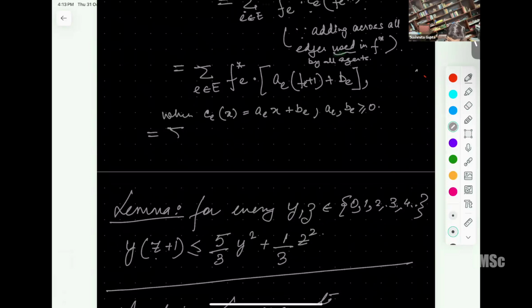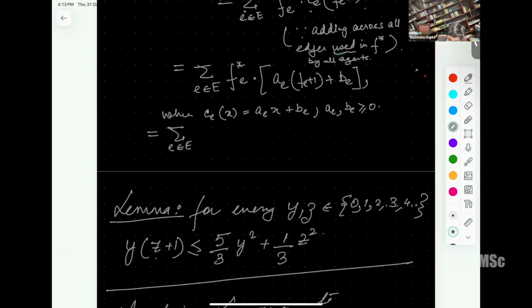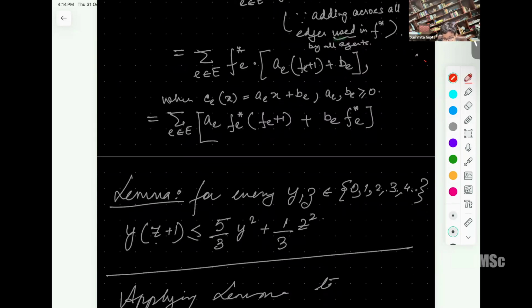I'm going to open this up and combine this: FE star, FE plus 1, plus BE F star. Okay. This is the expression on which I will apply the lemma.